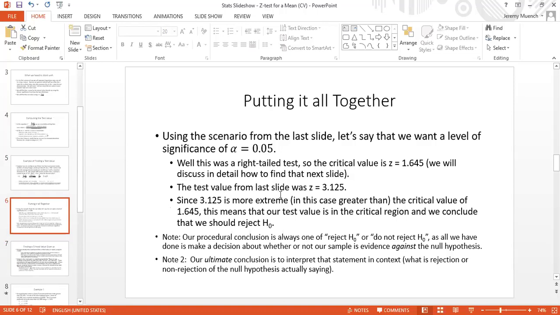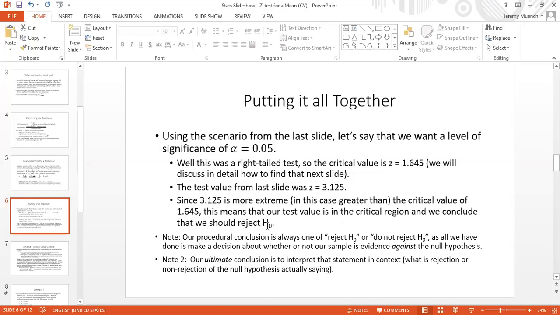And so the test value was 3.125. 3.125 is certainly more extreme than 1.645. Further from 0. That's really all more extreme means, further from 0 in the same direction. So it's more extreme than our critical value of 1.645, which means this z-score is in the critical region. So we conclude that we should reject the null hypothesis.